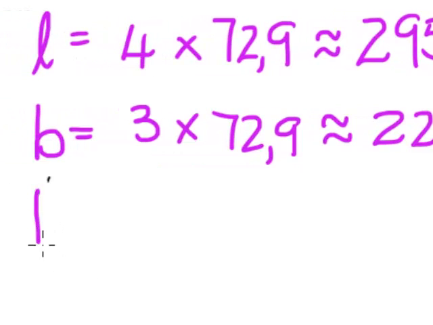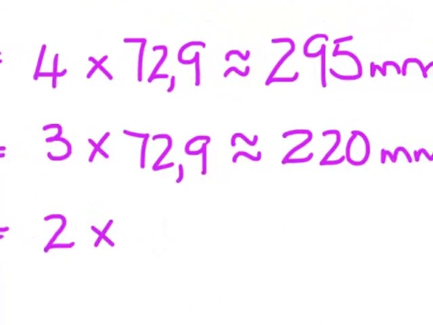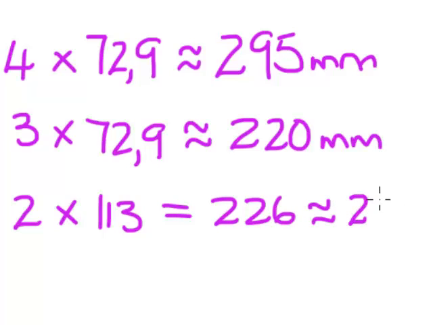And then our height is going to be the height of 2 cans, also 12 per layer. So it's going to be 2 times 113, and 2 times 113 is 226. So when we round this off, it's going to be approximately 230 millimeters. Remember, we said we must round up. We can't round down because then we're not going to have enough.